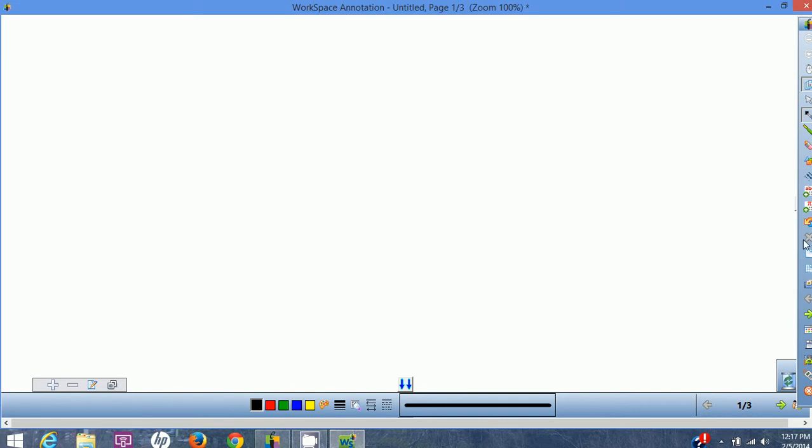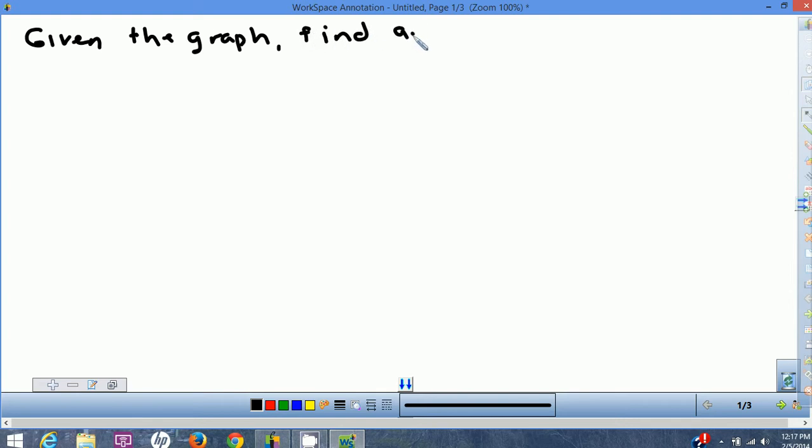All right, so let's clear this and look at this from the other direction. Given a graph, knowing everything I know so far, can I find the equation of a polynomial? Well, I can. But let me point out that we're saying find an equation.